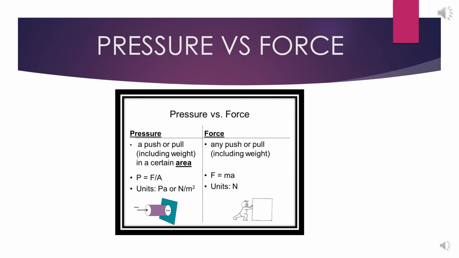It means that if pressure is more, the area is less, and if pressure is less, the area is more. And P is directly proportional to force. It means that if there is more pressure, then there will be more force, and if the pressure is less, then at that place the force will also be less.